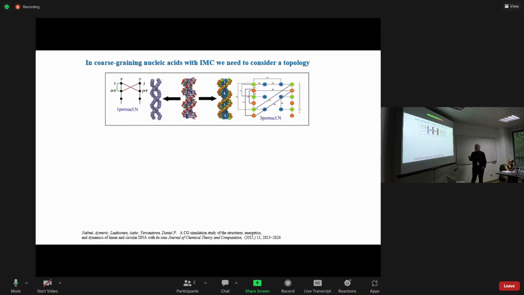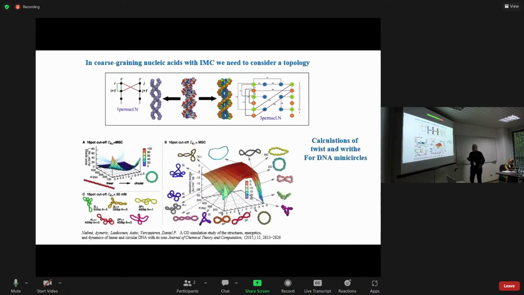Here we have sugar, phosphate, and base as beads, but then we have to decide the topology. Then you can use it in simulations like this, where we have studied up to 500 base pairs, twist and drift of DNA, minicircles, and so on.